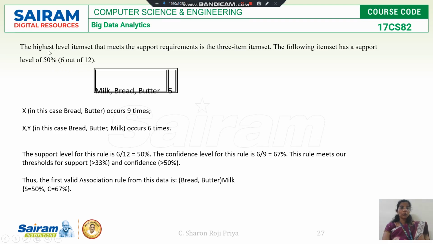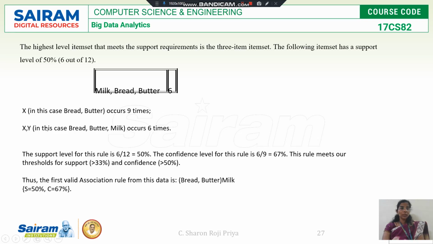Now for confidence you are supposed to make the association rule. While making the association rule, I am going to keep bread and butter as X, that is my LHS, and Y in RHS. Y contains only one item, that is my milk. Now how do you get this 9 and 6?